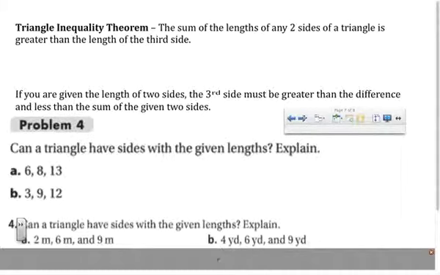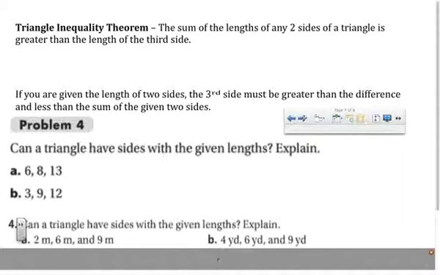However, you can't. A specific property must exist in order for those sticks to actually form a triangle. And that's that property that you see on the screen. The fact that any two sides must be greater than the third side.